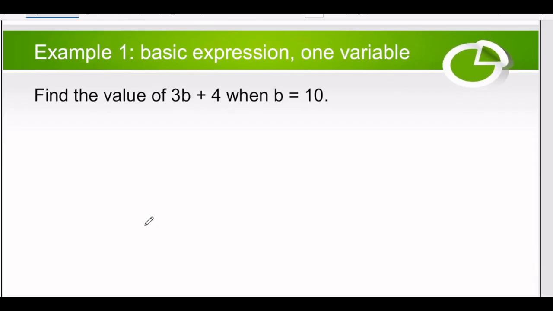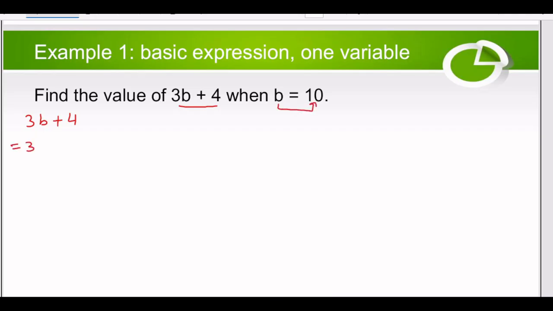I will start with a very basic example here. Find the value of 3b plus 4 when b is 10. You see our variable, our letter, is b, and it is specified that the value of b is 10.